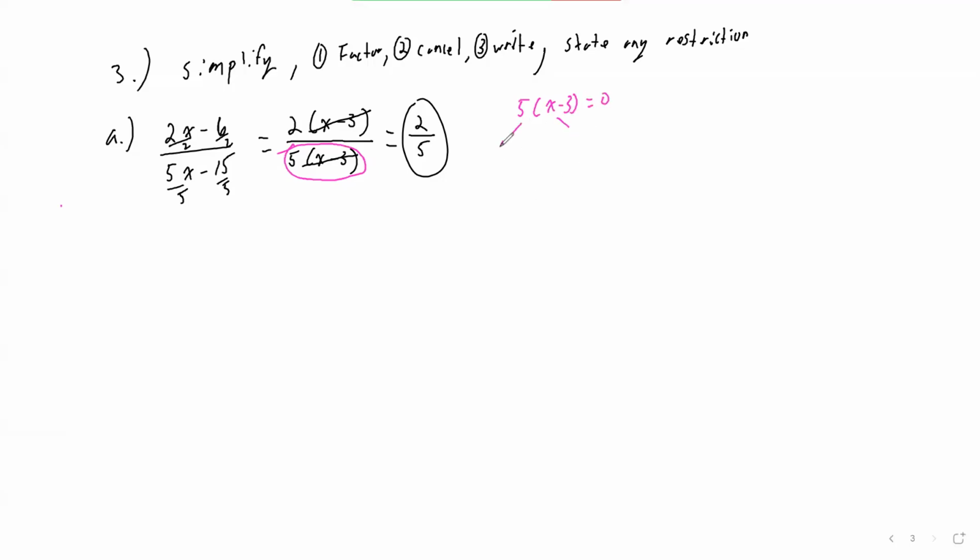So since it's already factored, I can just set my factors equal to 0. 5 does not equal 0, so I can discard that. So then all I got to do is just add 3. So x equals 3 would be my restriction. So the way you want to write it in your homework is x cannot equal 3. So this is does not equal. So x cannot equal 3.